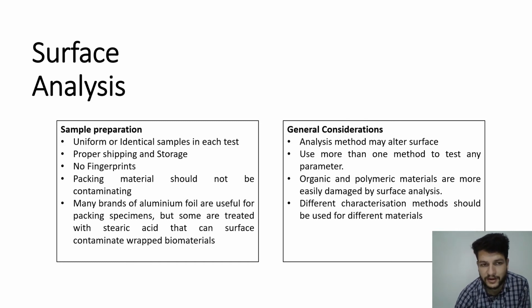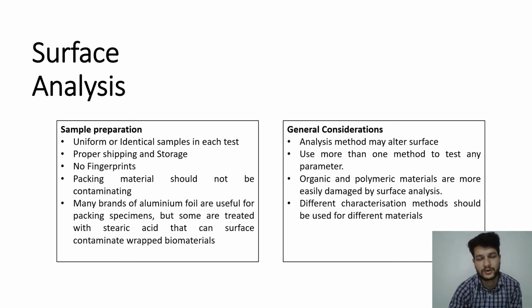The packaging material which is used for packing these materials should not cause any surface contamination to the material. For example, some materials like paper or some polythenes transfer material onto the surface, but this should not happen because it will change the surface properties, and altered results may be obtained.